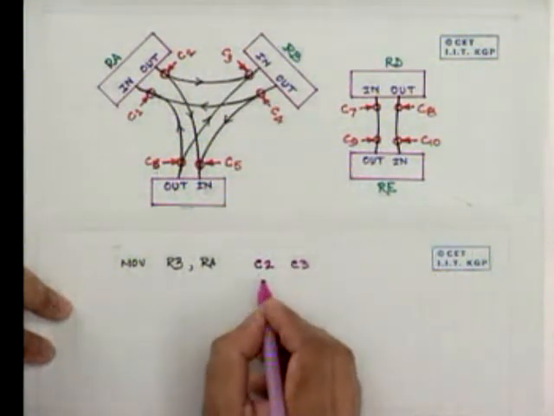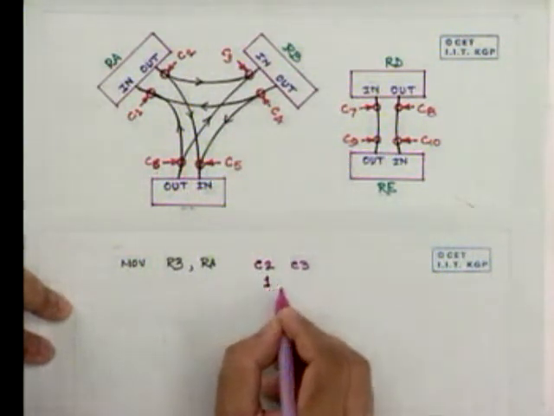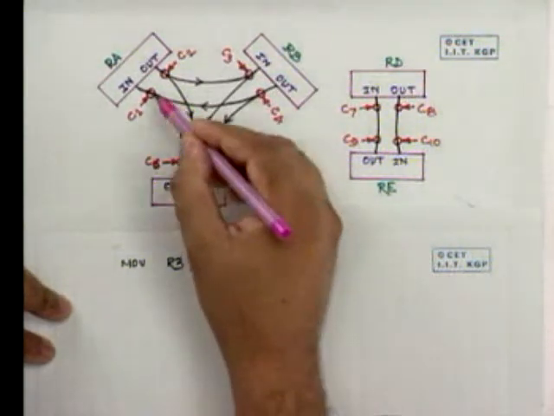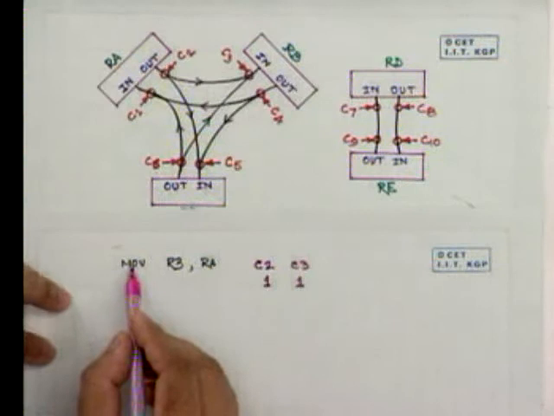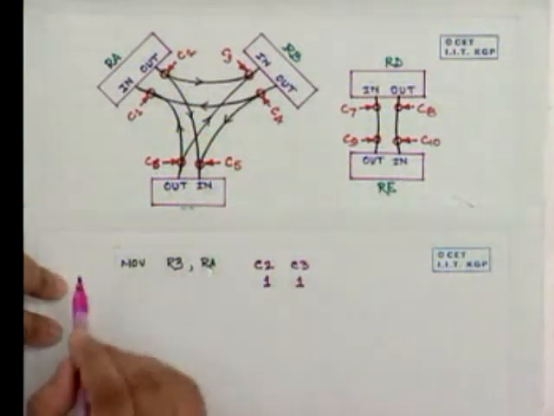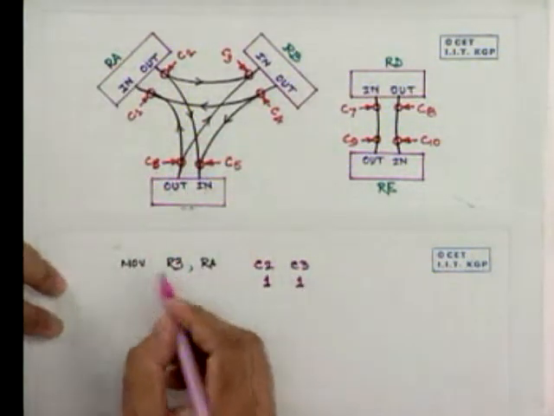Basically we say make C2 1, C3 1, and leave all other gates at the 0 level. Then we can move RA to RB.